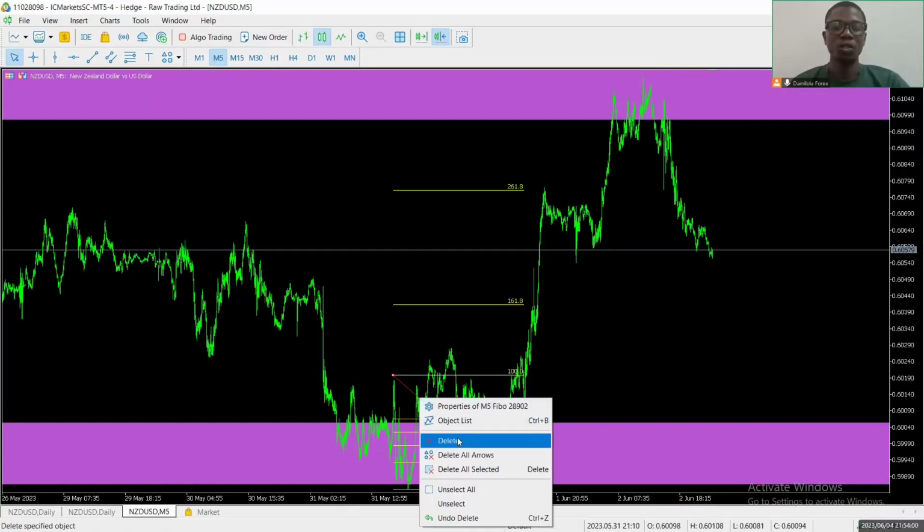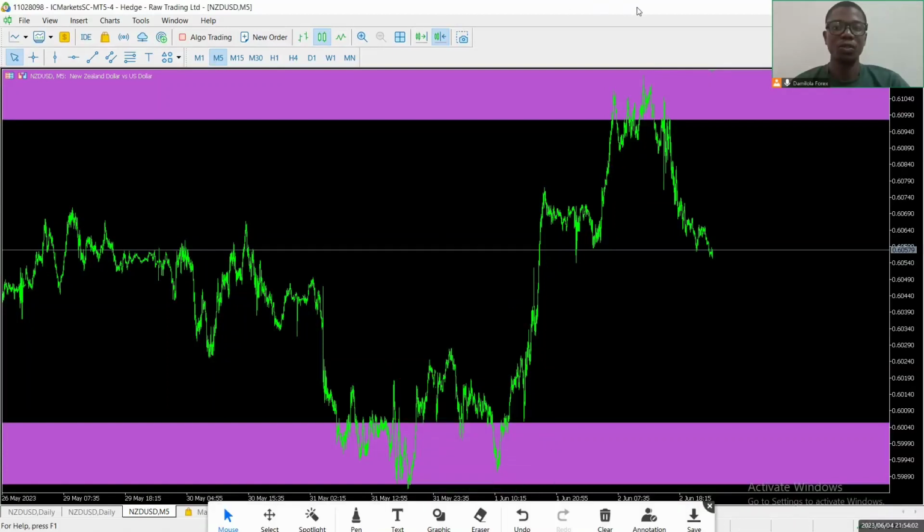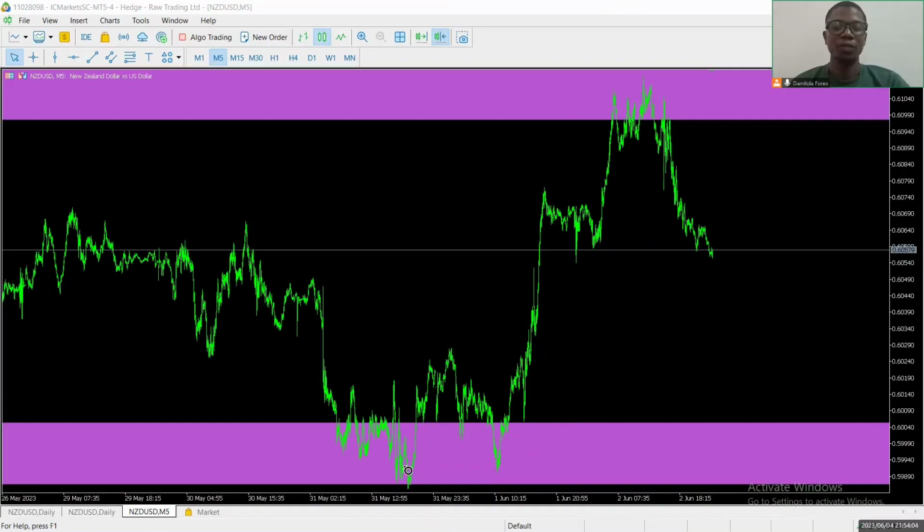So what we did was we bought at that particular close, and prices flew. We can see prices flew to our take profits. Simple chart structure, using chart structure with our trend line to pick our trades.